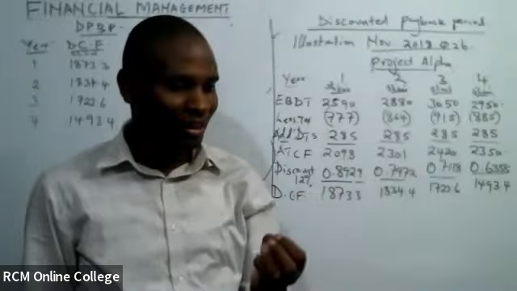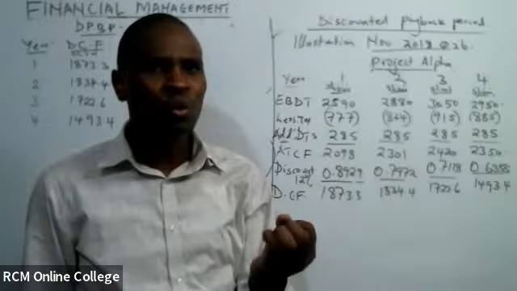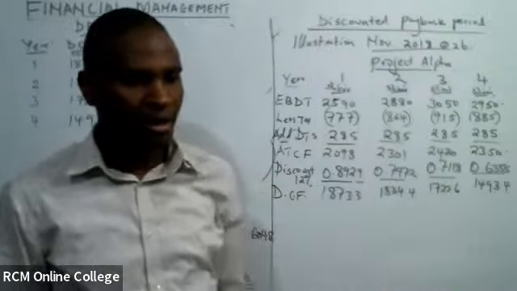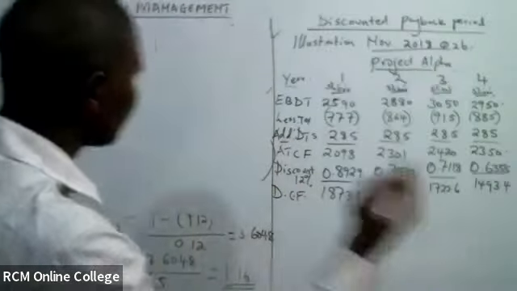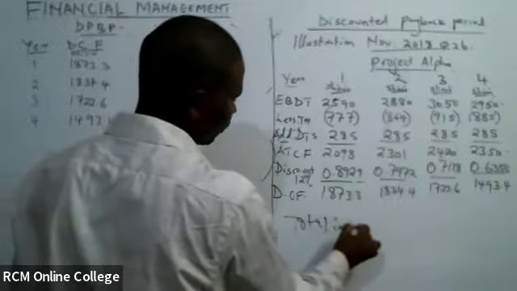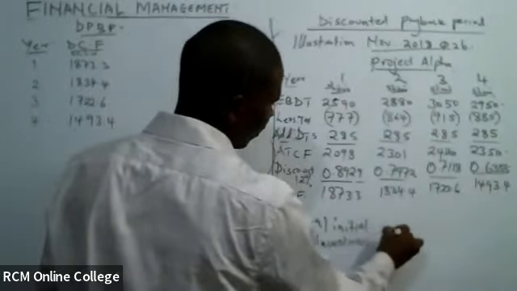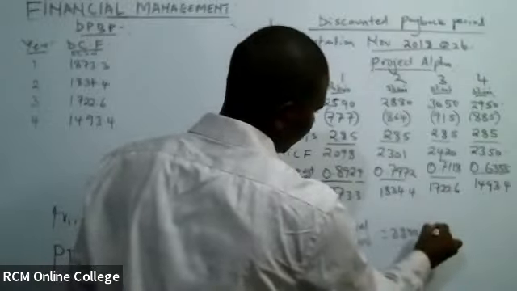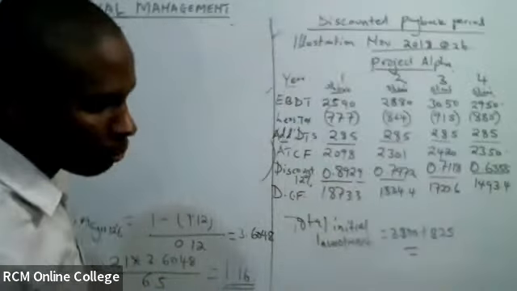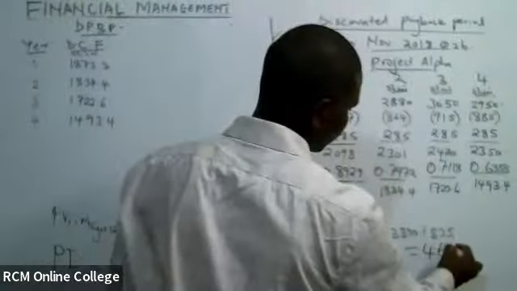Don't forget these, they are important. Here we also have working capital, which should be added to that to get our total initial investment. That was the big secret in this question. So what is our total initial investment? It will be 3800 plus 825. I have already worked it out: we get 4625.